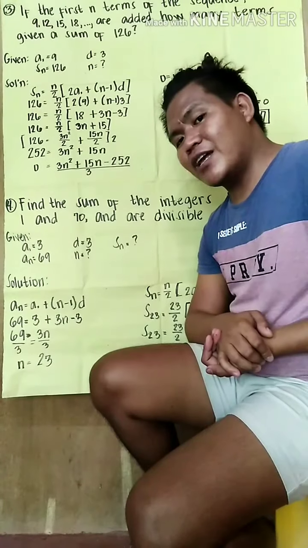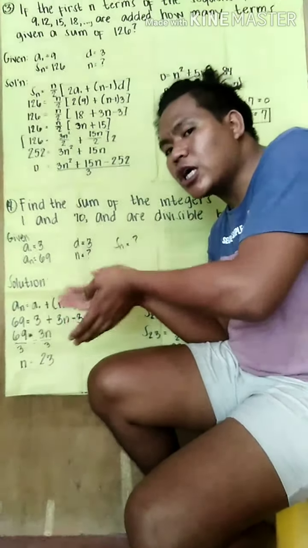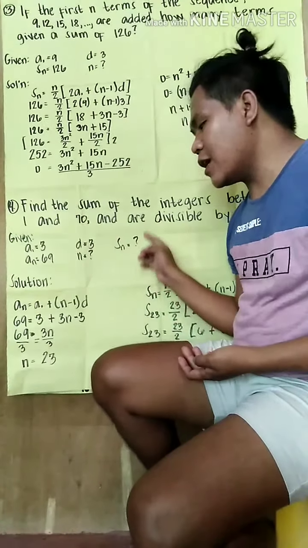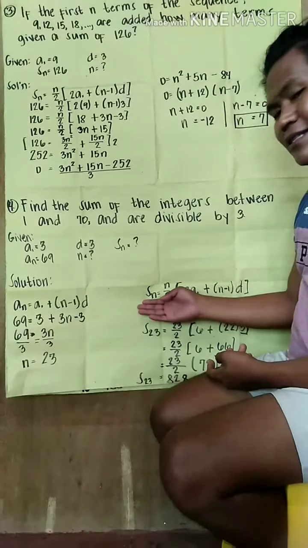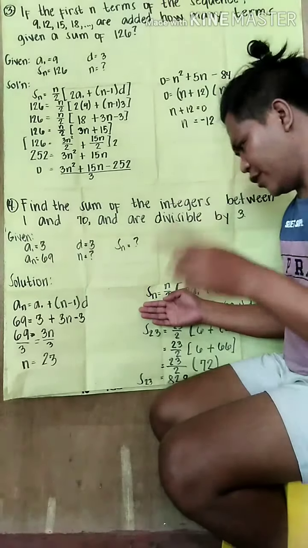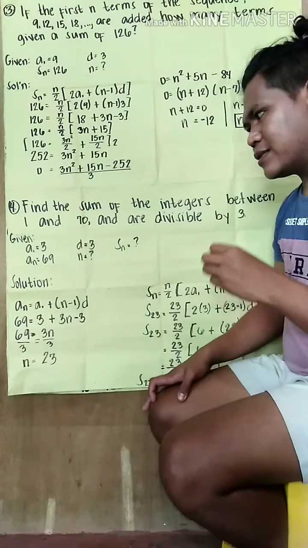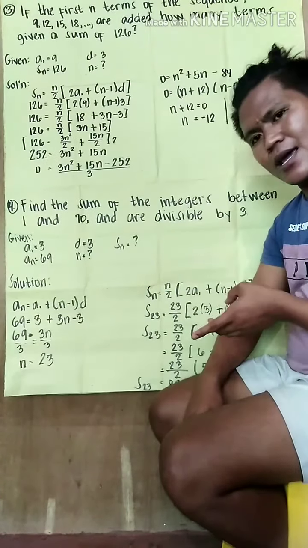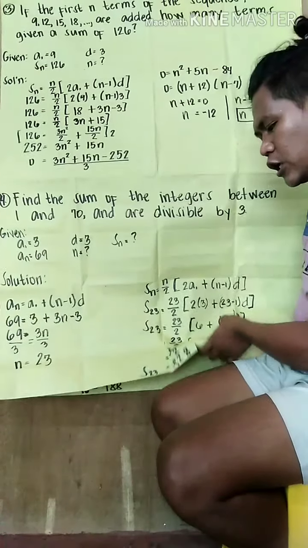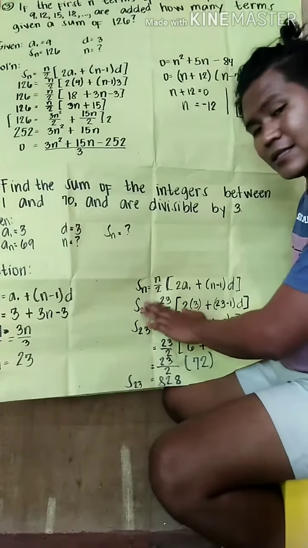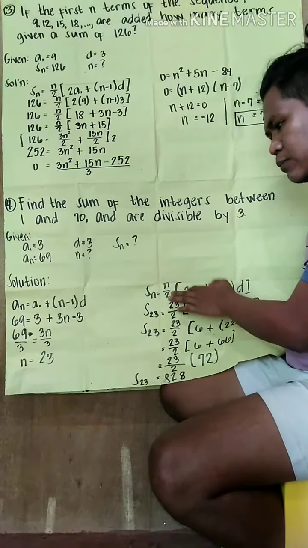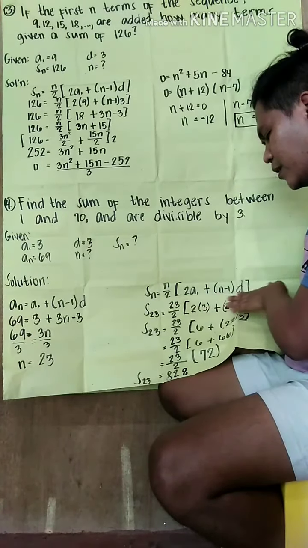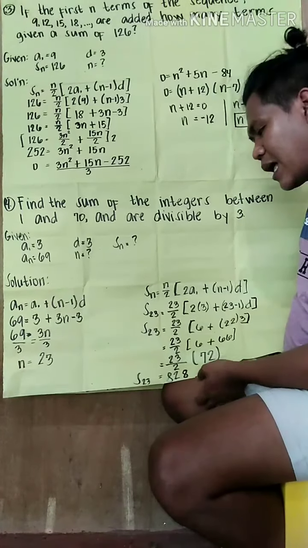Since we already have n, which is 23, we can now look for the sum of the terms. So looking for the sum of the terms, we have s sub n. Since the first term is given, which is 3, we will use the formula n over 2 multiplied to 2a sub 1 plus n minus 1 multiplied to d.